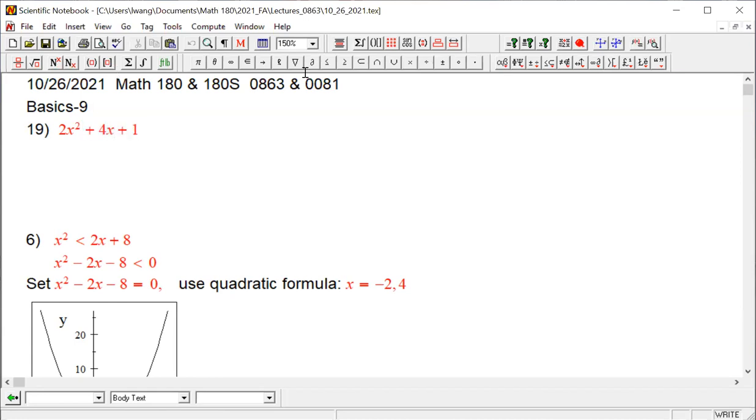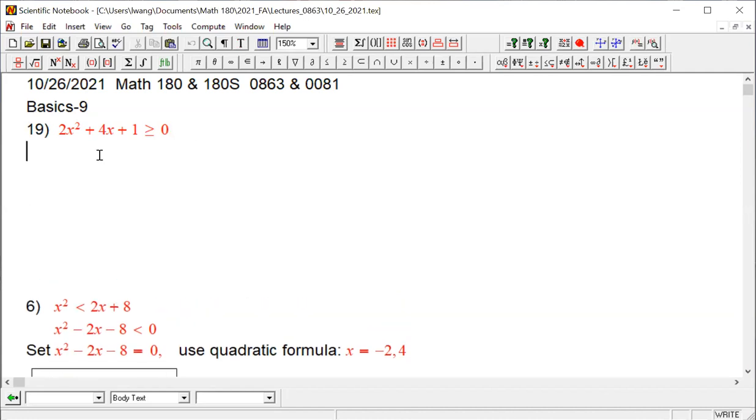We want it to be greater than or equal to 0. We don't need to make it 0, we already have a 0. But factoring is difficult, right? So we can go to the graph.